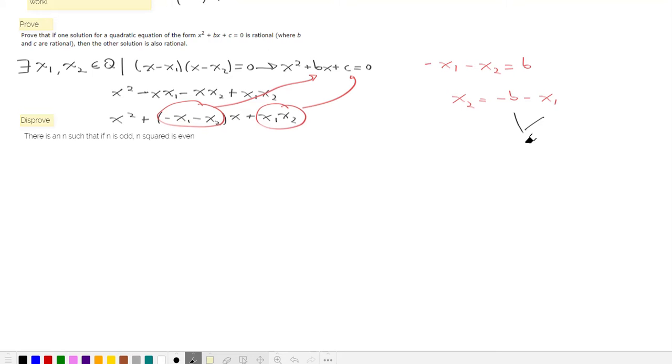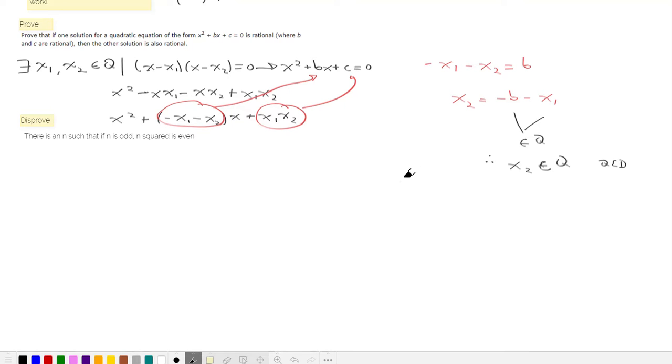It says so in the problem statement. So these are both rational numbers. And the sum or difference of rational numbers is itself rational. So x2, the second root, is also rational. And I can put a QED here because I've demonstrated that which was to be shown.